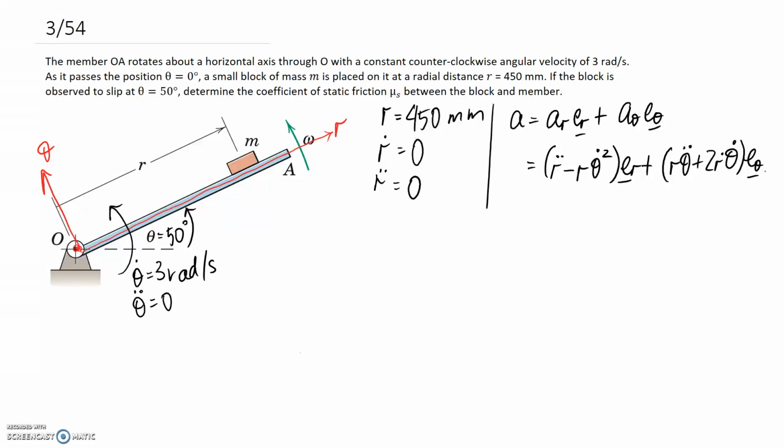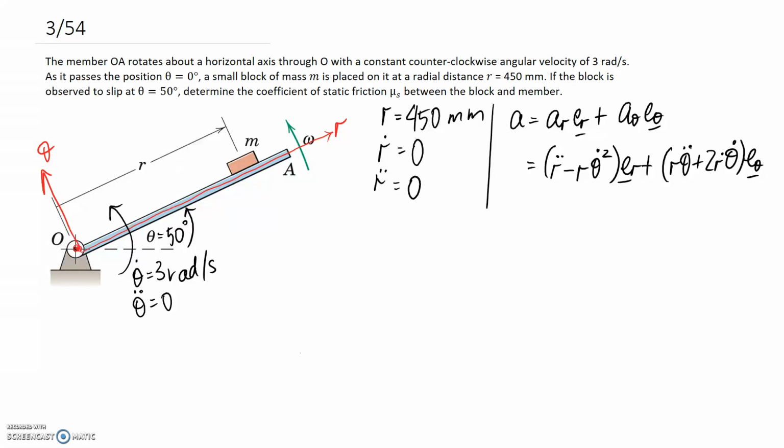Okay, so in a second, when we sum our forces, it's going to be equal to the mass times acceleration, and we're going to do it in the r direction, which we can use this equation for, and the theta direction, which we can use this equation for the acceleration.